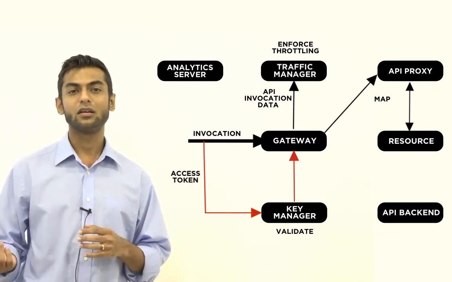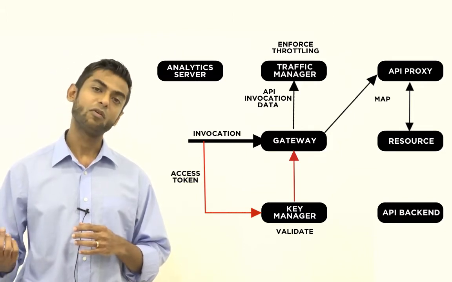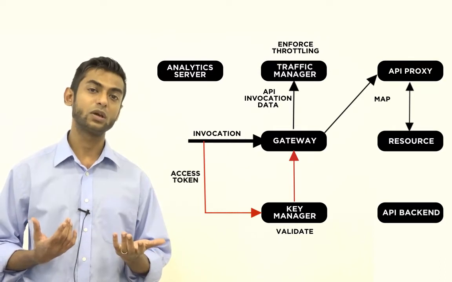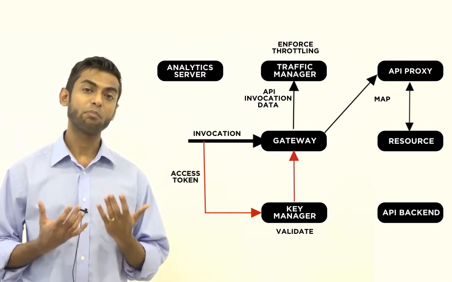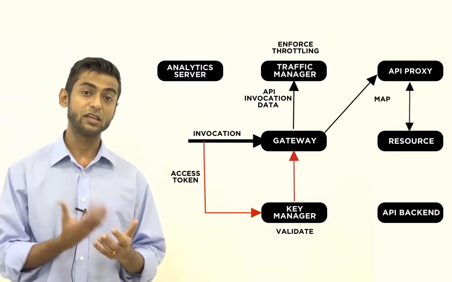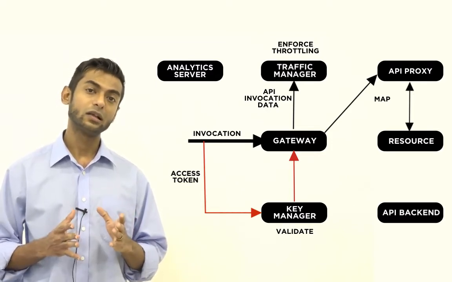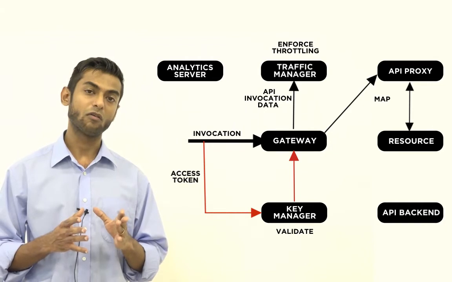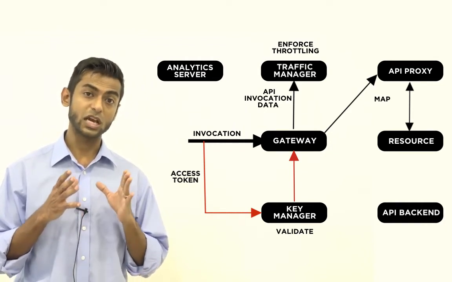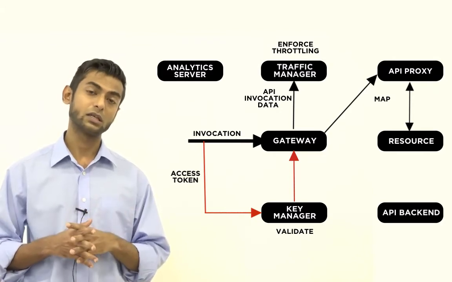And then it will inform the API gateway if that event occurs, and then the API gateway will stop processing API invocations for that given API until the time window of when that throttling policy needs to be enforced expires.